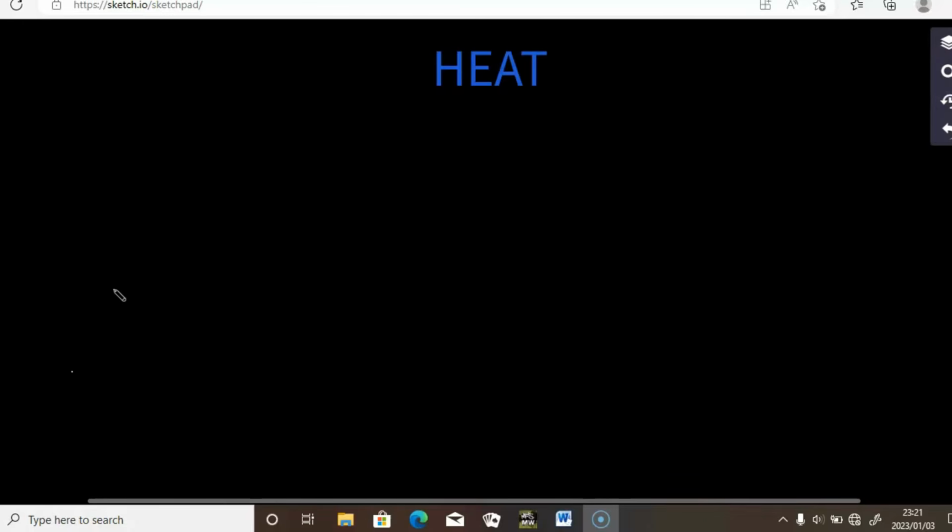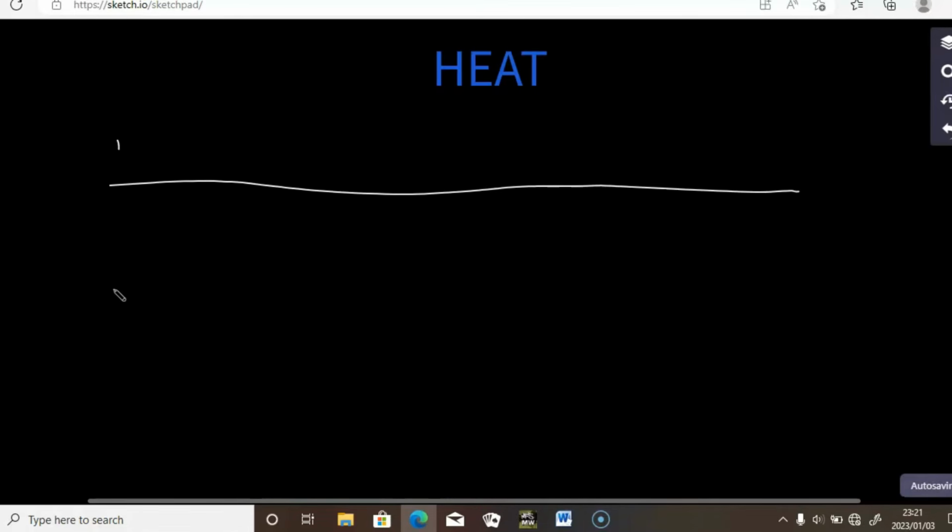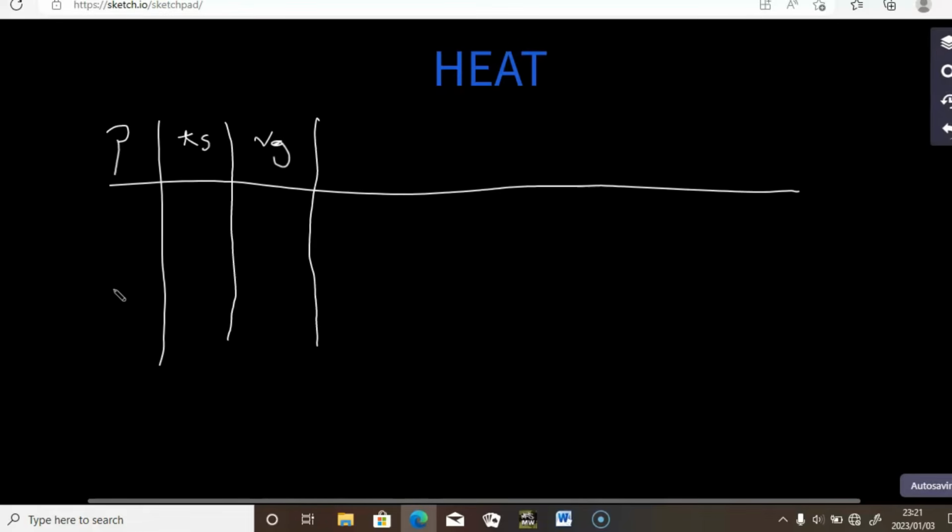So the structure of the steam table is something like this. It is a table. It has a column for pressure. The next one is saturation temperature, which is the boiling point. It has Vg, which is the volume. We're not really dealing with volume at this stage.